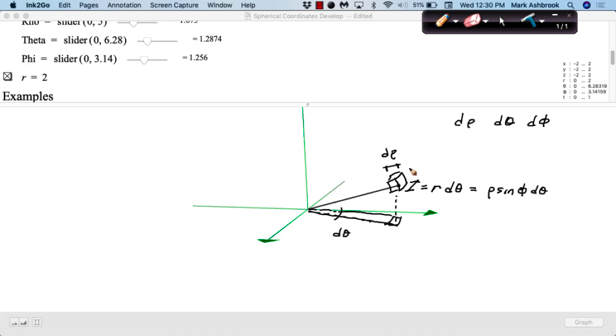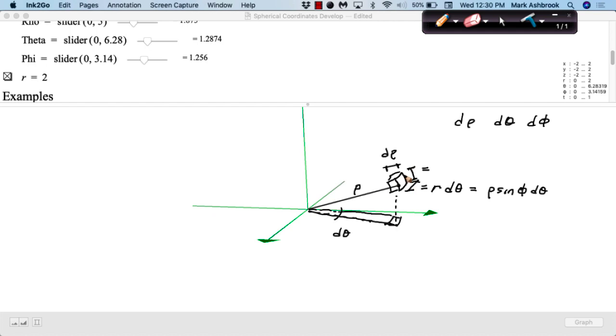So let's see if we can draw it. From there, back that way. What's that going to be equal to? That has to do with what change? Change in phi, right? That's our change in phi. Is it d phi? No. So what would it be instead of d phi? Because d phi is just a change in the angle. So to get the length, we need a radius. What is that length right there? That's rho.